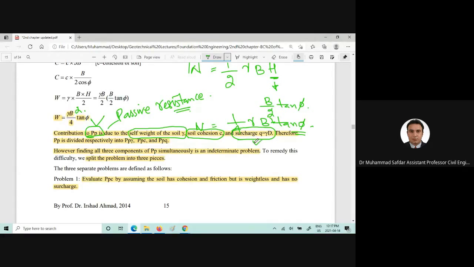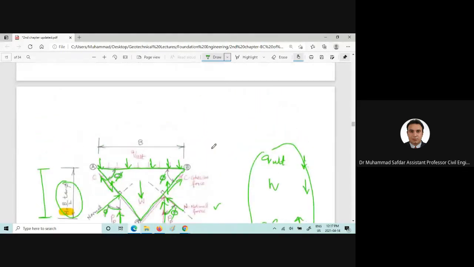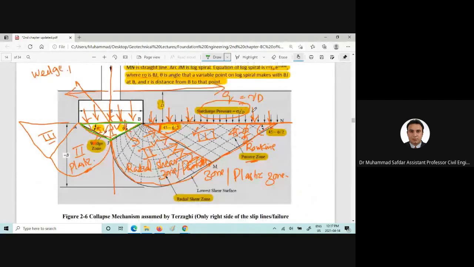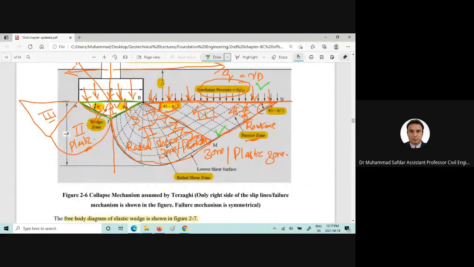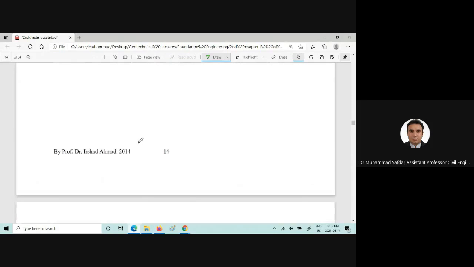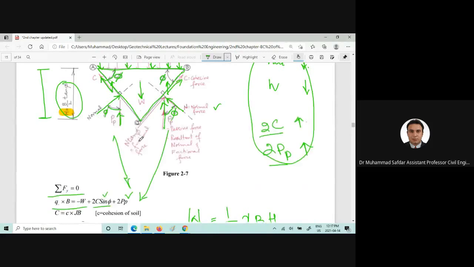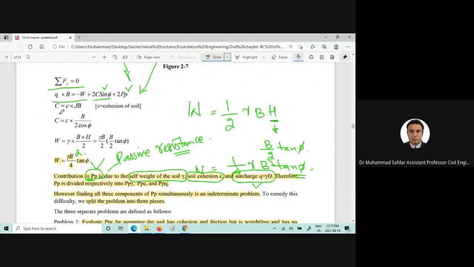Surcharge is on top of the foundation, like this one here. You can see here is the surcharge, the cohesion in the soil, and also the weight of the soil will also give us the ultimate. So it's just giving us an idea of what are the factors which Terzaghi is considering in deriving Terzaghi's bearing capacity equation. Now we are solving for this Q ultimate.